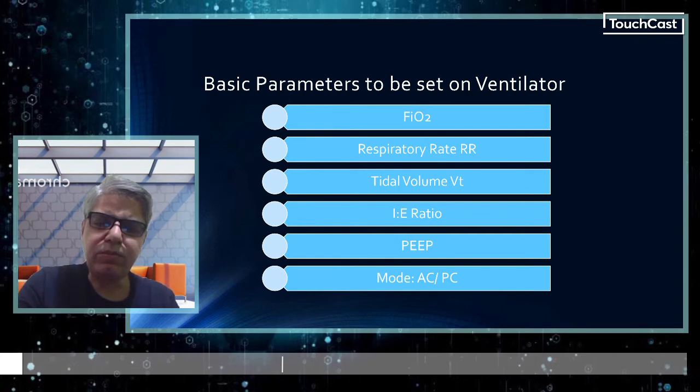Then PEEP. PEEP stands for positive end expiratory pressure. Now normally, if there is some alveolar pathology, some of the alveoli are working and some of them are not working. So what happens with every breath, the alveoli pop open, and then as the child exhales, the alveoli shut down. So there is a lot of shearing force on the alveoli.